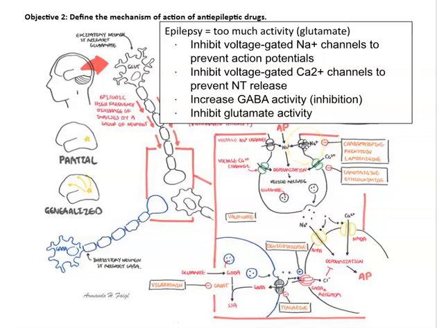Was that number 1, 2, 3, or 4? The benzodiazepine is doing this right here. So for the ones that are listed on this image, go ahead and indicate whether they are inhibiting voltage-gated sodium channels, voltage-gated calcium channels, GABA activity, or glutamate activity.